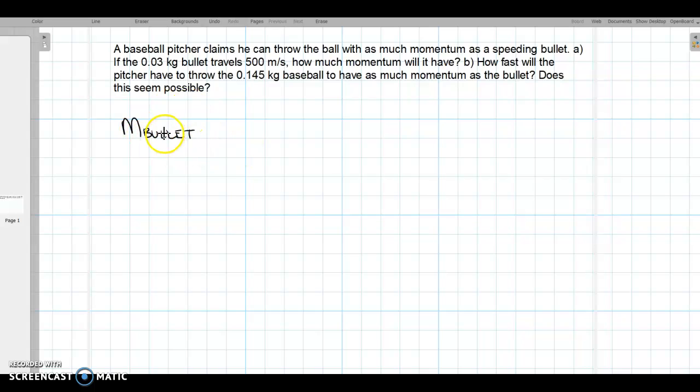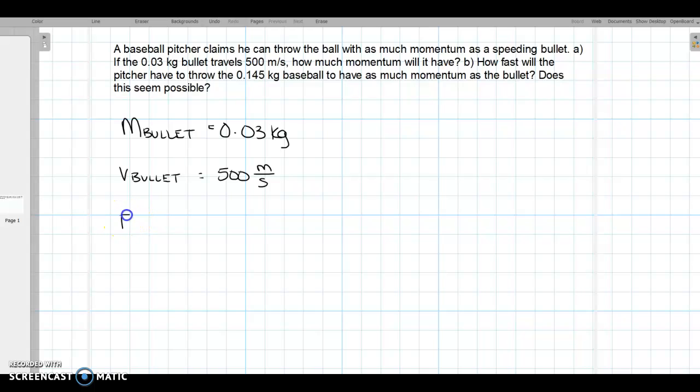The subscript bullet is totally optional, but it always helps me to write out what I'm writing, so if it's helpful to you, absolutely do it. That mass is 0.03 kilograms, and the bullet travels at 500 meters per second. This is the velocity of the bullet.